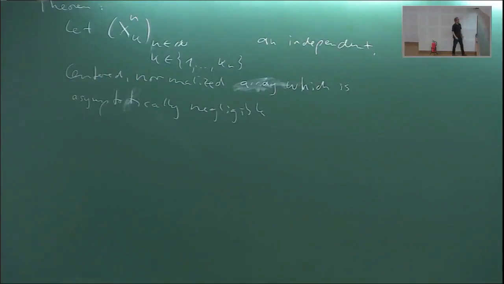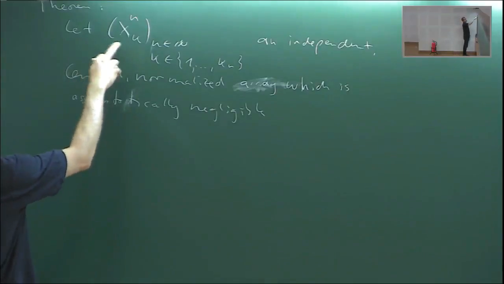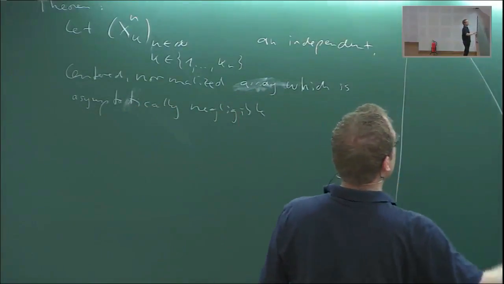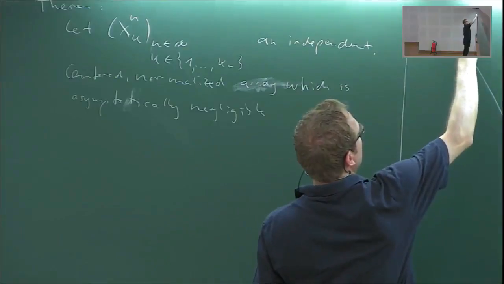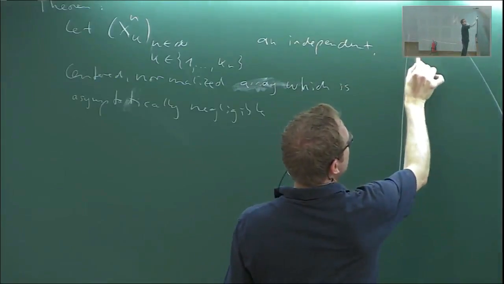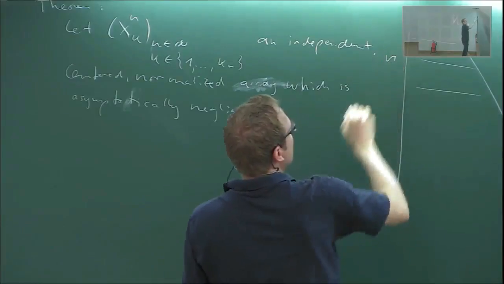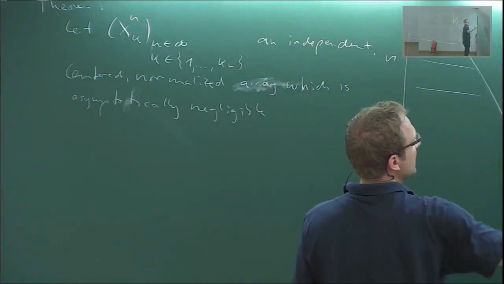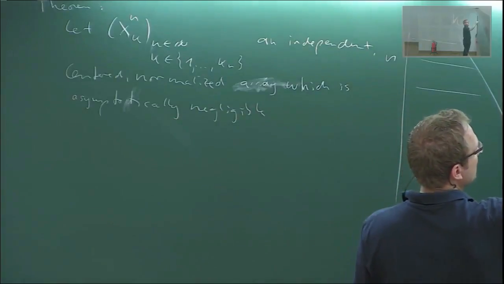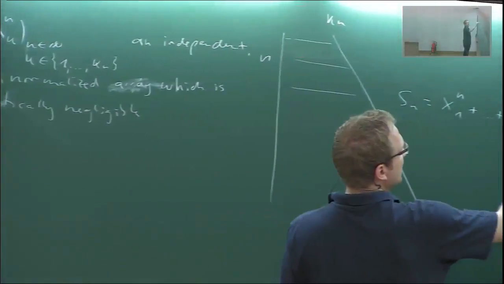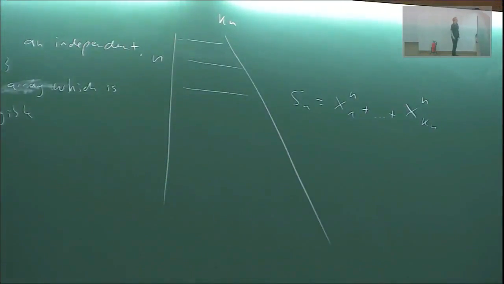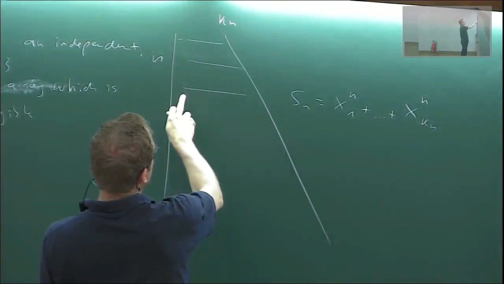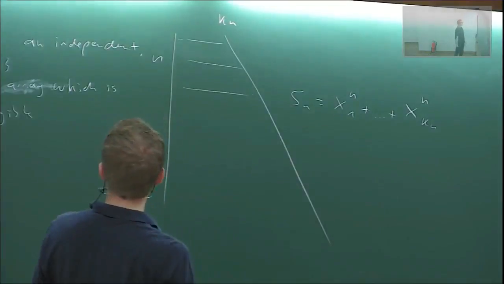Just to recall what this was: centered means that each of those random variables is centered. The array is the scheme where the numbers k_n are growing, and in each line we have the random variables for each generation n. We have the sums S_n, which is nothing but X_{n,1} plus up to X_{n,k_n}. They are independent, so each of those is independent in each of the generations.